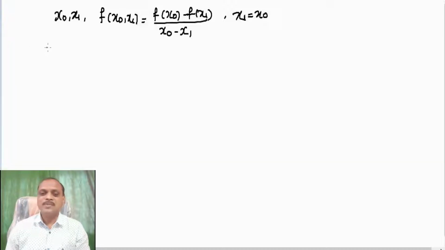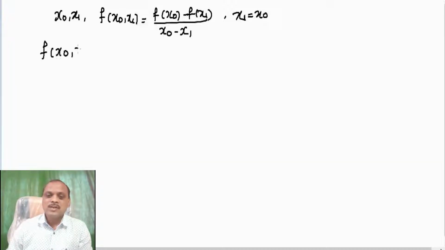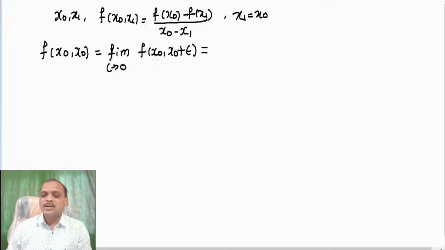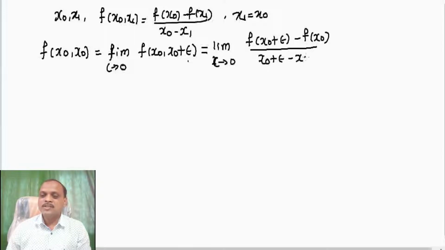So when two values are equal, f of x0 comma x0, we write it as limit epsilon tends to 0 of f of x0 comma x0 plus epsilon. This is the divided difference of two different points. Then we have limit epsilon tends to 0 of f of x0 plus epsilon minus f of x0 divided by x0 plus epsilon minus x0.